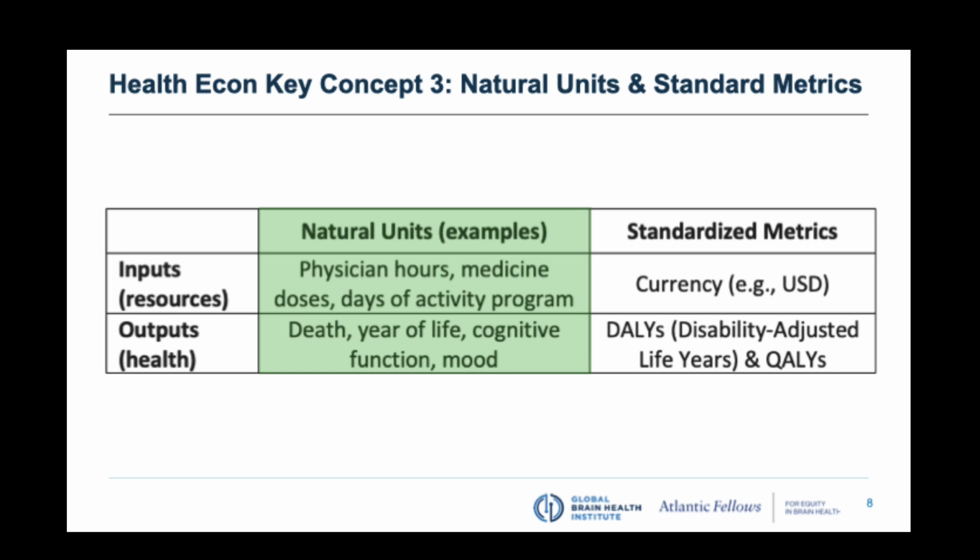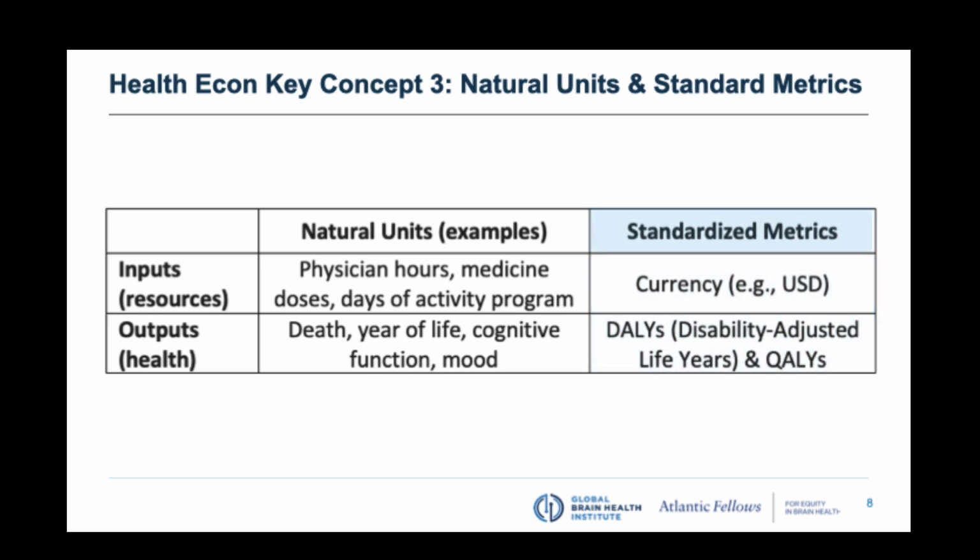For example, some natural inputs are physician hours and medicine doses, and natural health outcomes are death, cognition, or mood. These translate into currency and disability-adjusted life years, respectively.